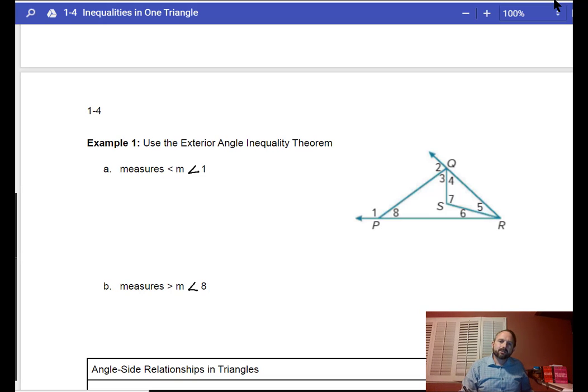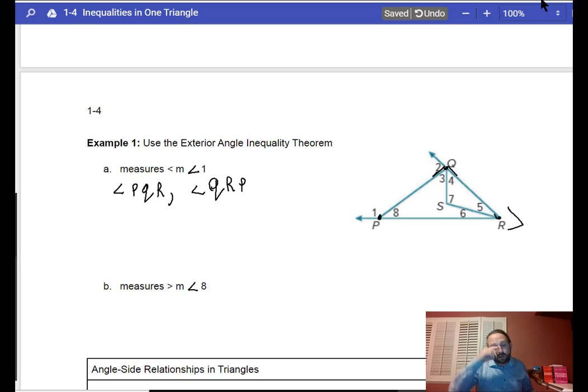But we know it's going to be bigger than PQR, because that's an interior angle. So angle PQR is smaller. We also know it's going to be bigger than angle QRP, also known as PRQ. It doesn't matter how we name it, as long as we have the vertex as the middle letter.